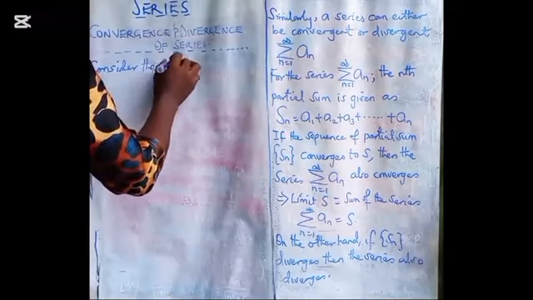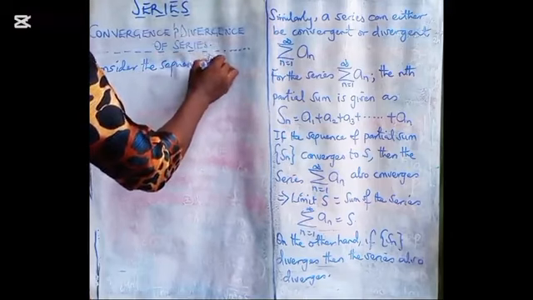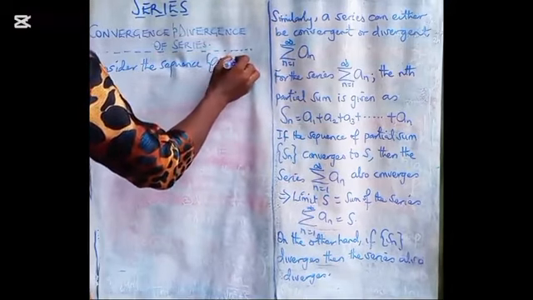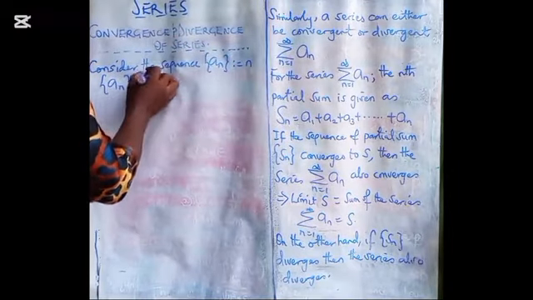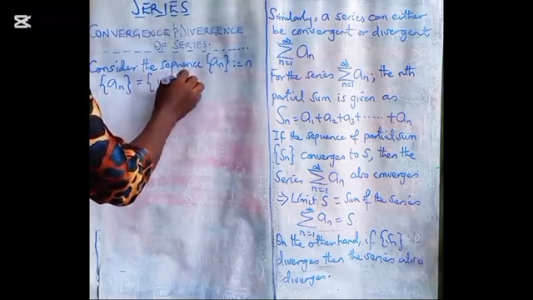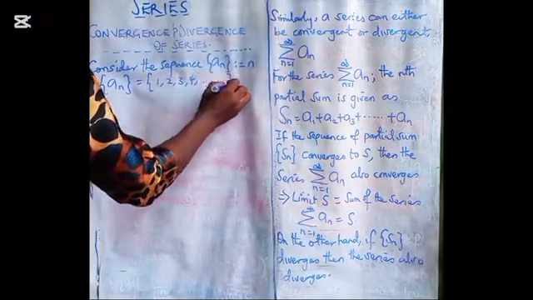Consider the sequence A sub n defined on n. Then the terms of the sequence will be what? 1, 2, 3, 4, and it continues like that.